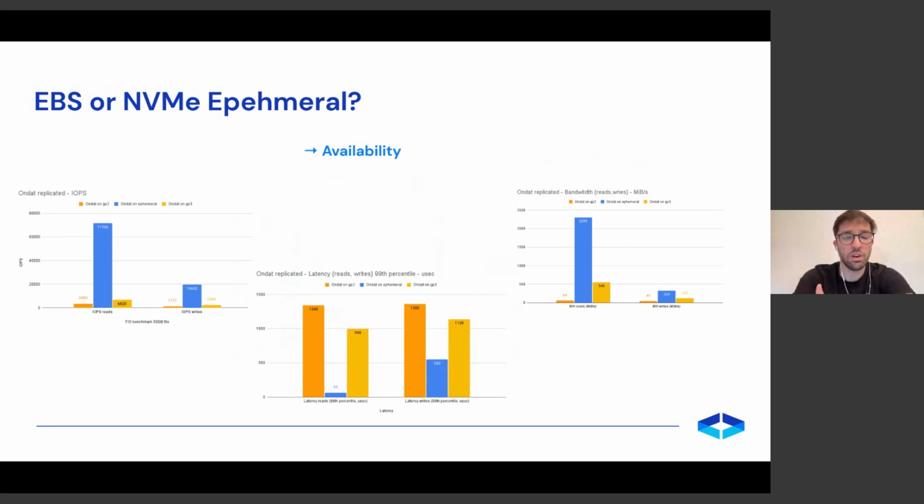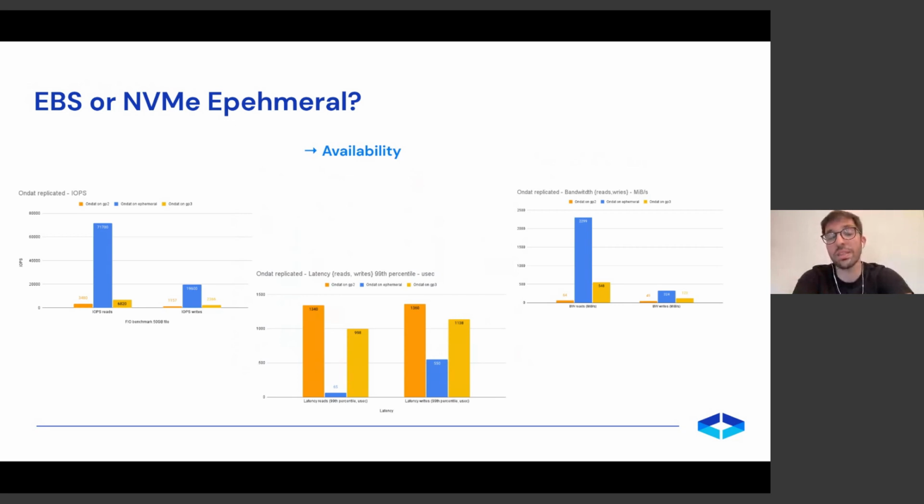But you can increase to 2 replicas, meaning 3 copies of data, and therefore even achieving the availability that you need per volume. So you might want 99.98% of availability, like for instance IO2 on EBS gives you, or you can guarantee more by having more replicas.